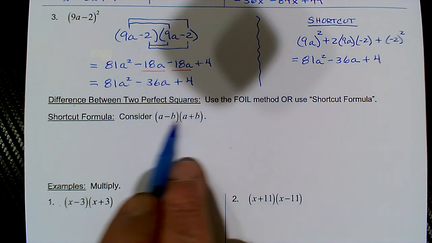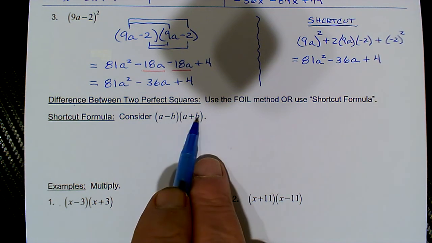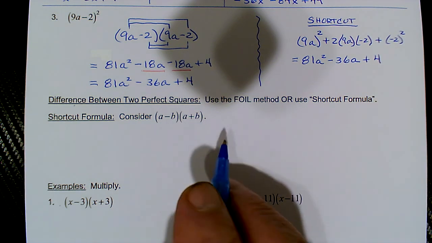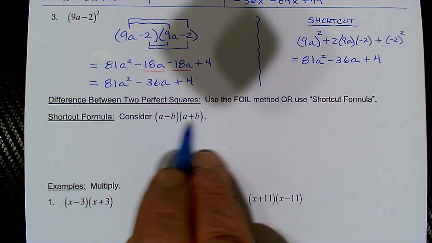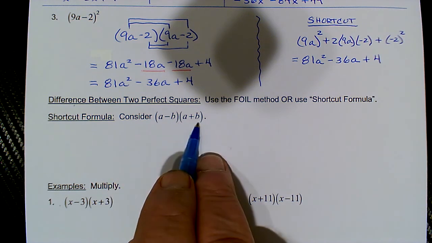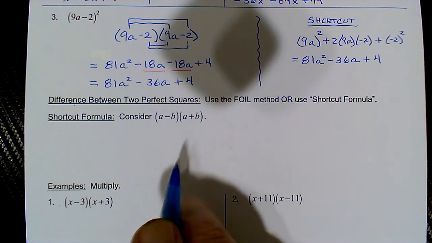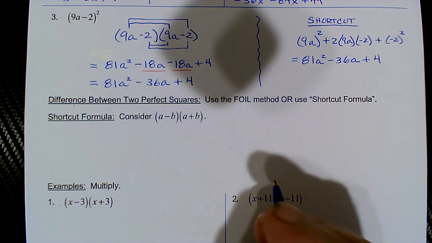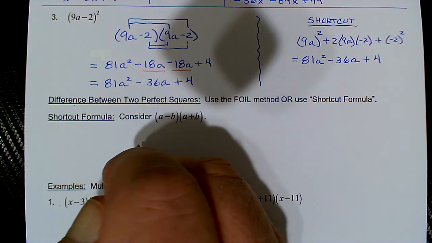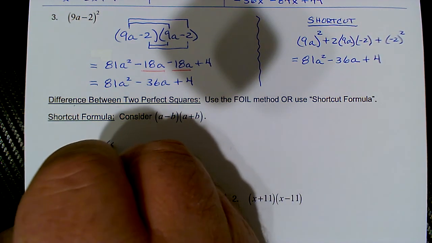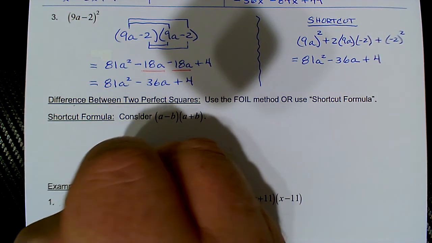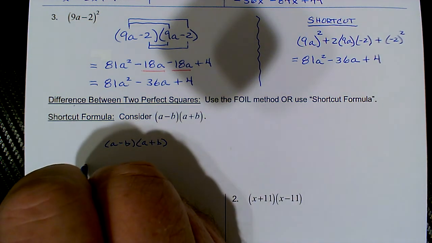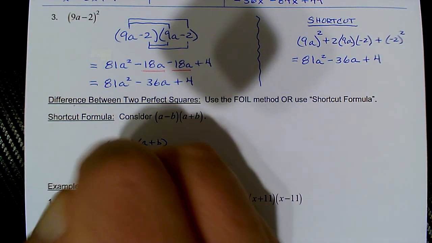Now, as it stands, you can't see why we name it that, but when we go through the process of multiplying this out, foiling it, that is, then we're going to see why we call it the difference between two perfect squares. So we'll set it up here as a minus b times a plus b, and we'll use the FOIL method.